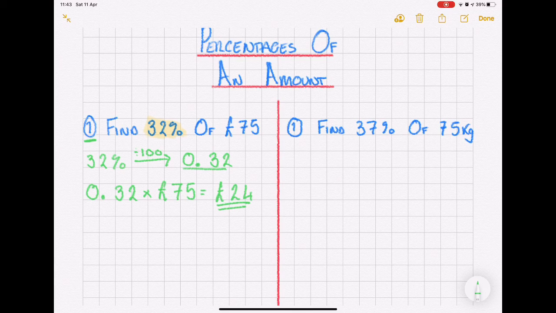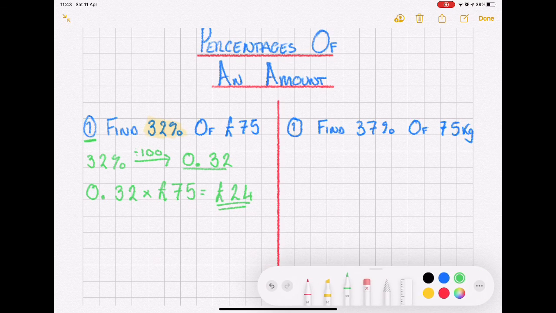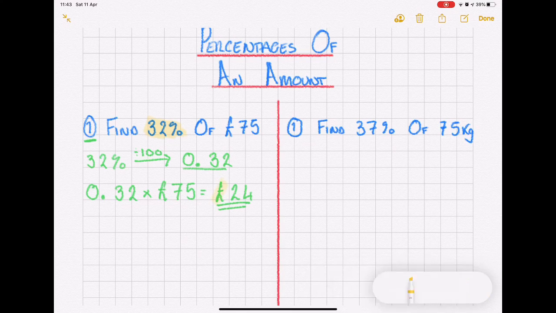So 32% of £75 is £24. And we do that by first getting our percent, dividing it by 100 to find our multiplier, and then taking our multiplier and timesing it by the amount, and then we get our answer.